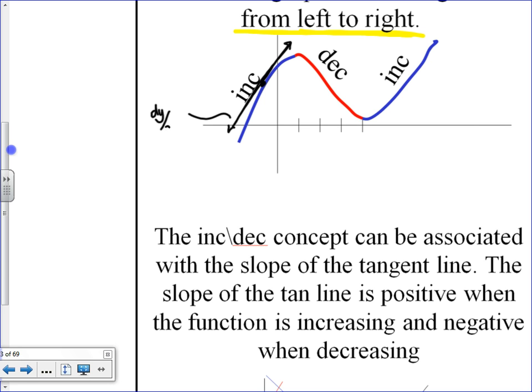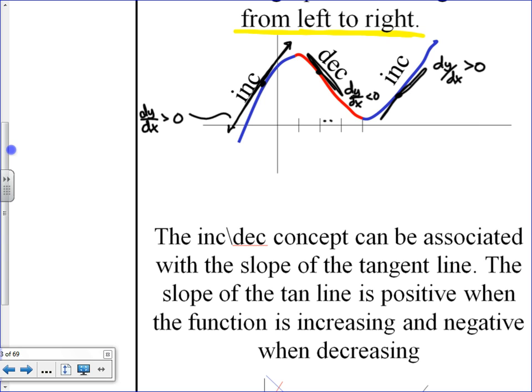Meaning, without even needing to know f of x's graph, we can look at the sign of the derivative and say, hey, if it's positive, I know my function is going up. I might not know what it looks like, but from the derivative, I can tell where the original function is increasing and where the original function is decreasing.